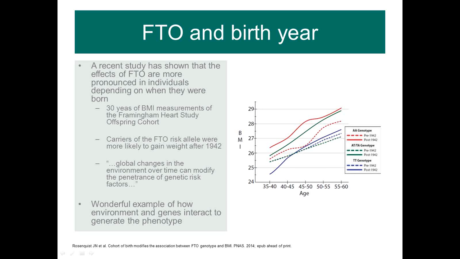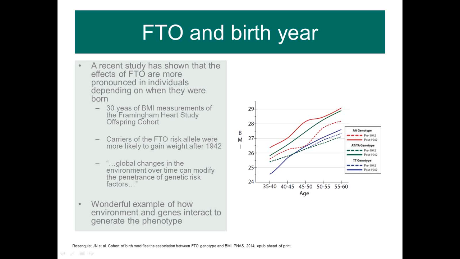Recently, a study by Rosenquist was put out that explored FTO and birth year. What this looked at is they took participants of the Framingham Heart Study and the offspring cohort and broke them into groups based upon the year that they were born. Then they compared it to if the individuals carried the FTO risk allele.